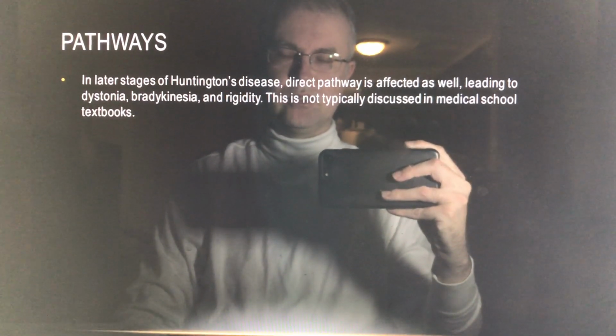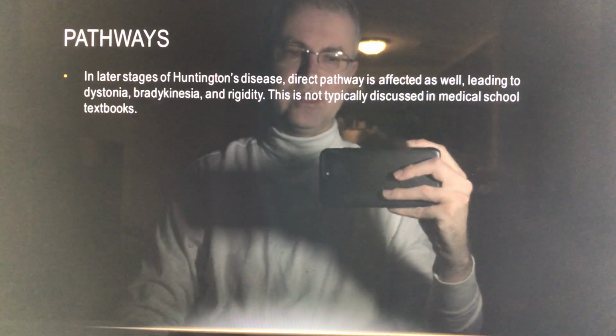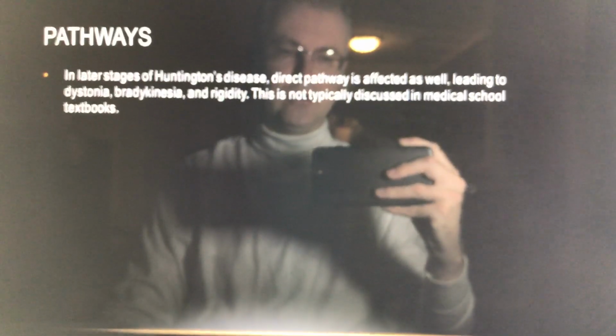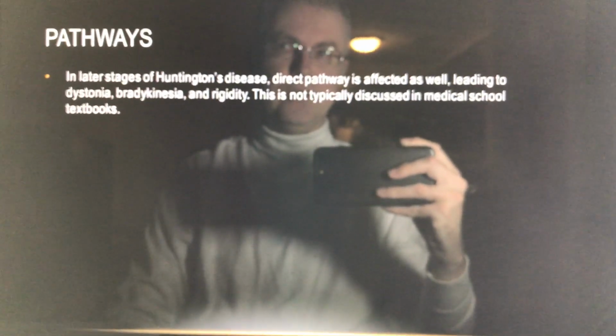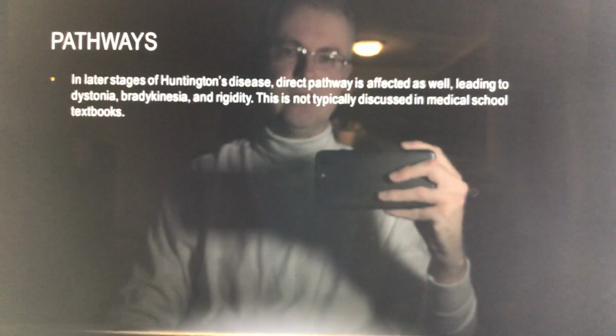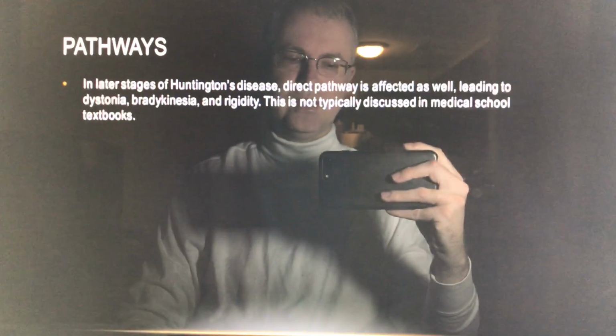This is clinically visible in up to a third of patients with Huntington's disease, but this is not typically discussed in medical school textbooks or even any exams that I've seen. And it can be quite a surprise to see a late Huntington's disease patient that's actually exhibiting these findings.